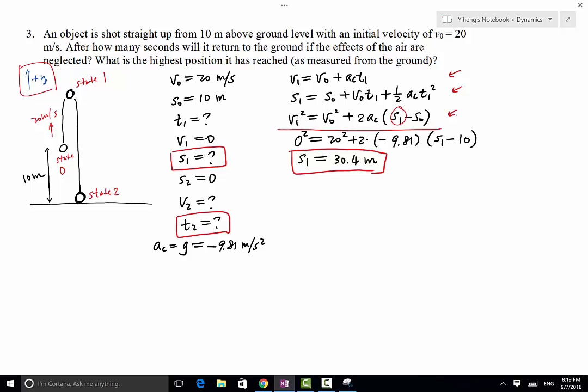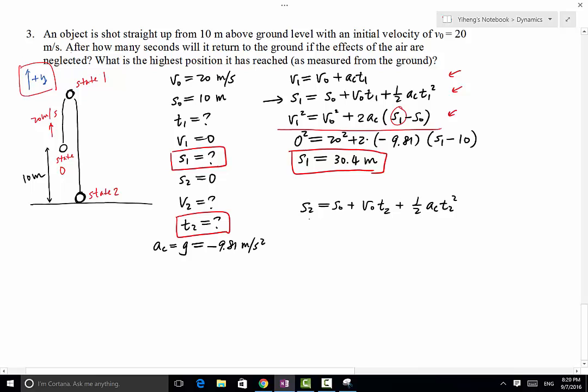Because of what we're given and what we need to find out, I have decided that the best equation for me is going to be this one: S2 equals S0 plus v0 t2 plus 1/2 a_c t2 squared, which is similar to this equation, but it's between state 0 and state 2.